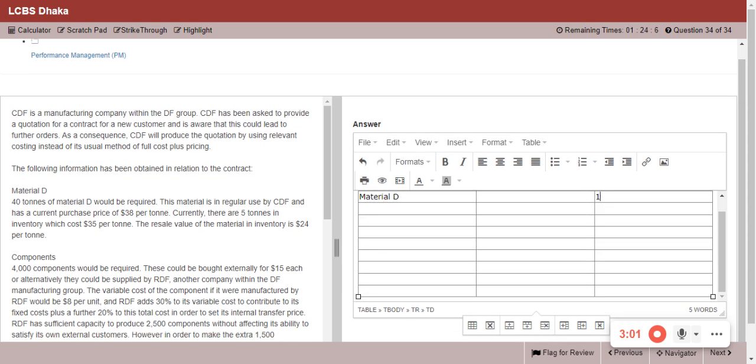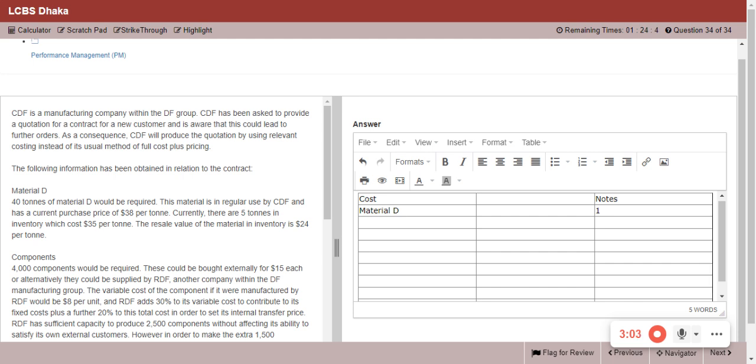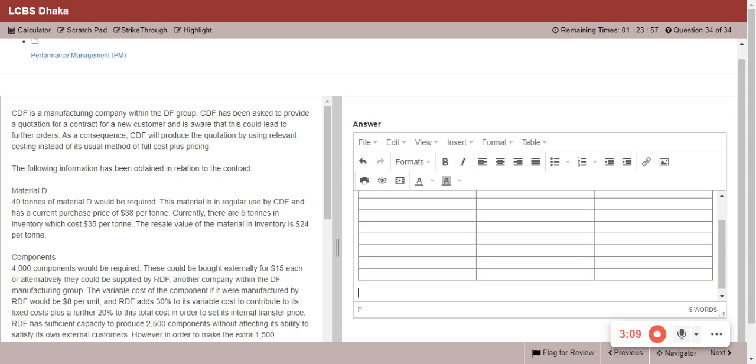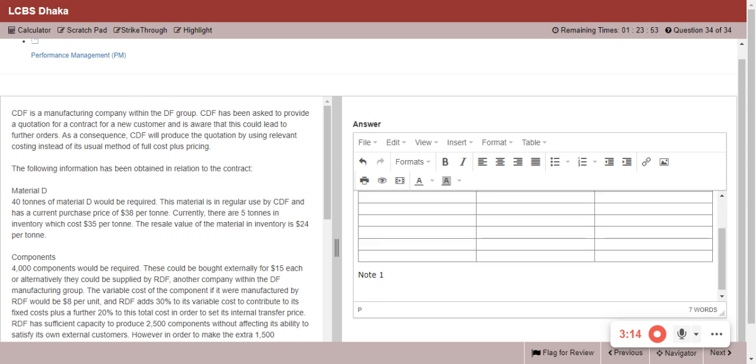So what we will do next is we're going to go down to the bottom and we are going to say note 1. In note 1 we're going to explain the issue.